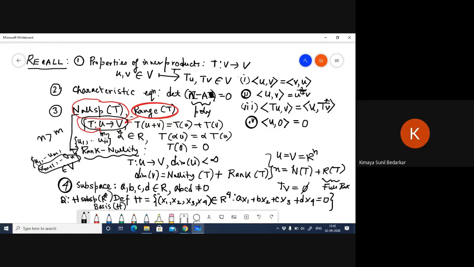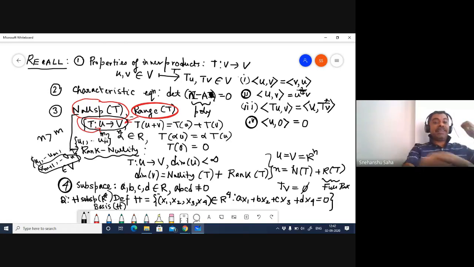Yes. So this is equivalently represented as T goes from U to V. The dimension of U can be greater than the dimension of V. In that case, the length of the basis that you define in U has to be greater than the length of the basis that you define in V. But in this case, it's the other way around.